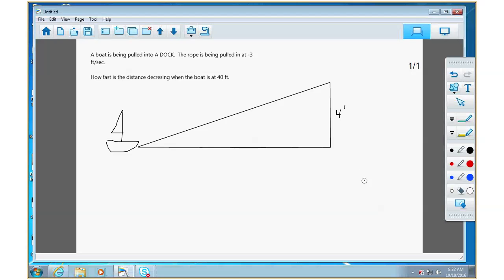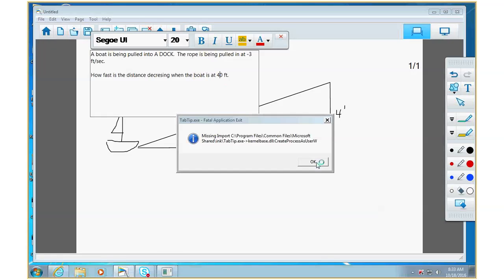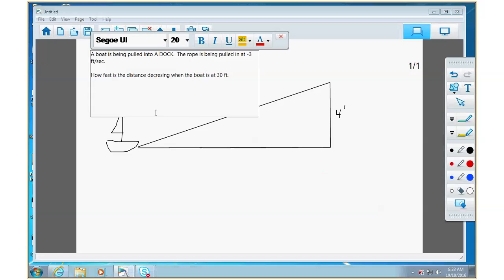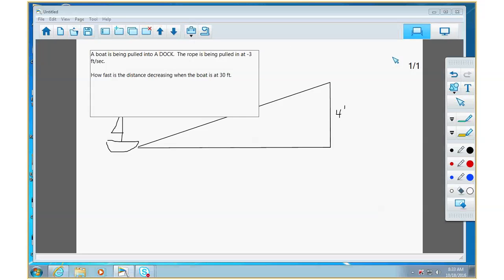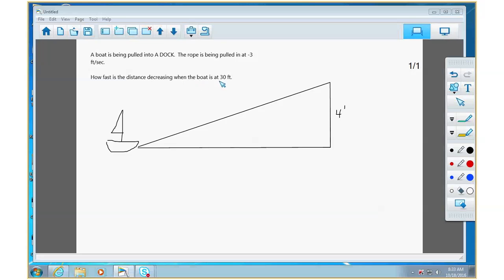And I think that's it. It's supposed to be 30 foot. Can't type today. I think I'm still decreasing wrong. Maybe if I take some vinegar, I wouldn't make any mistakes. How fast is the distance decreasing when the boat is at 30 feet? All right, take off.